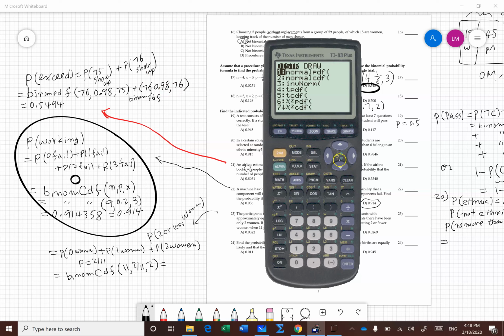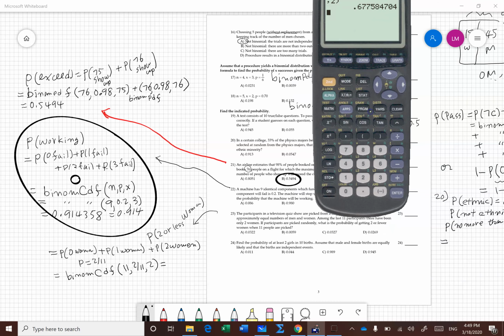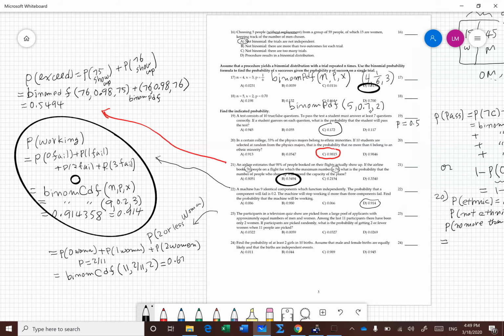Second bars, and then just enter the number 11, comma, 2 divided by 11, comma, and 2. Then you get 0.67758, I believe.